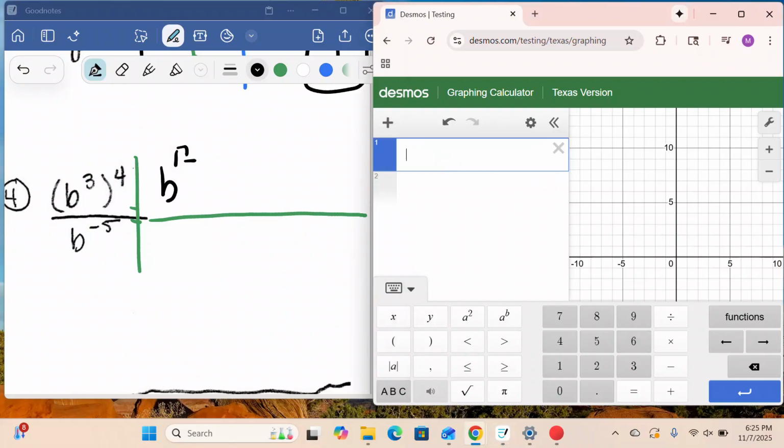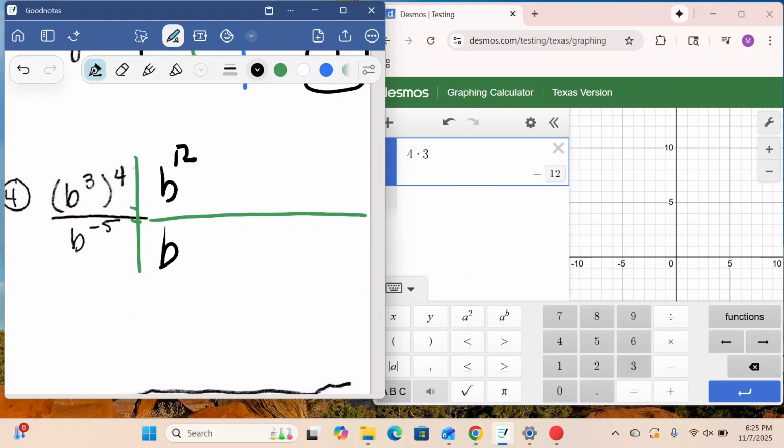Even if I don't know how to do 4 times 3, I can also put it in Desmos. All I have to do is input 4 times 3, and that gives me 12. And then on the bottom, I'm just going to leave it alone, negative 5. Then I'm going to put equals, and then I'm going to do the line like that. So I have the rule of division, so I'm going to put the base of b at the top.